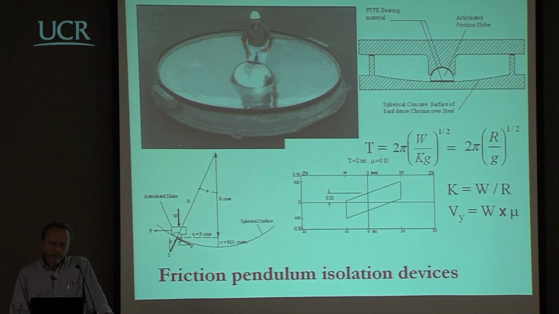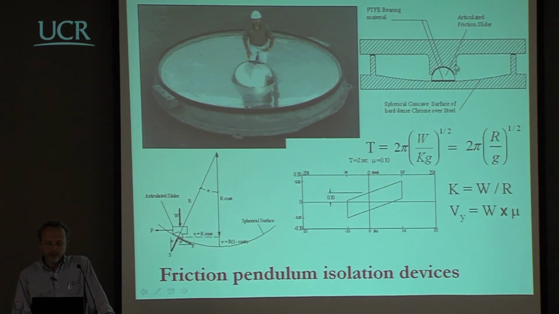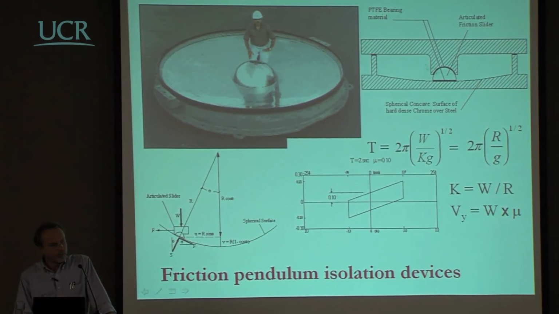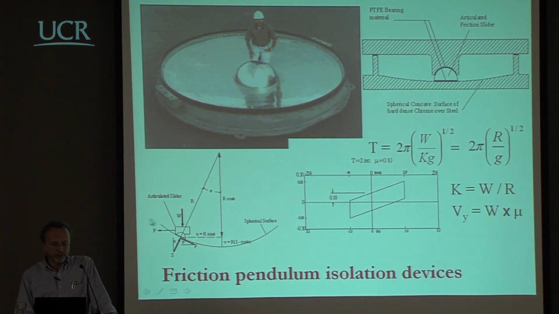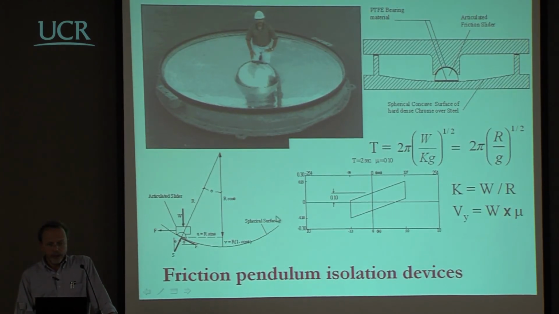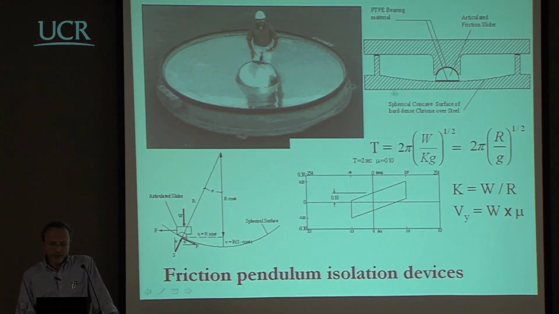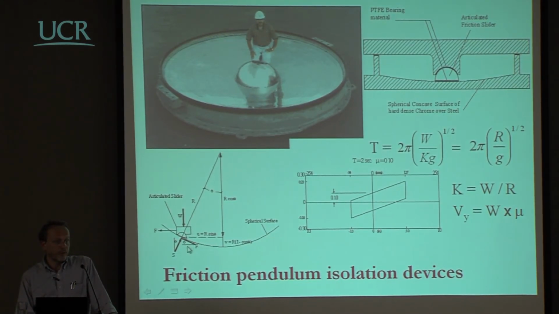But anyway, if you imagine that this is fixed to the deck and this is fixed to the pier, and you imagine a relative movement, when this moves, you have something which is similar to the movement of a pendulum. And therefore, you know that the period of vibration associated to this movement is only a function of the radius of curvature of this surface, which is the radius of curvature of the equivalent pendulum.